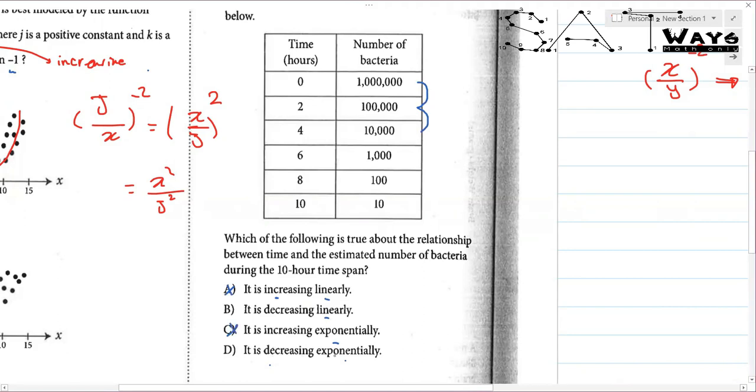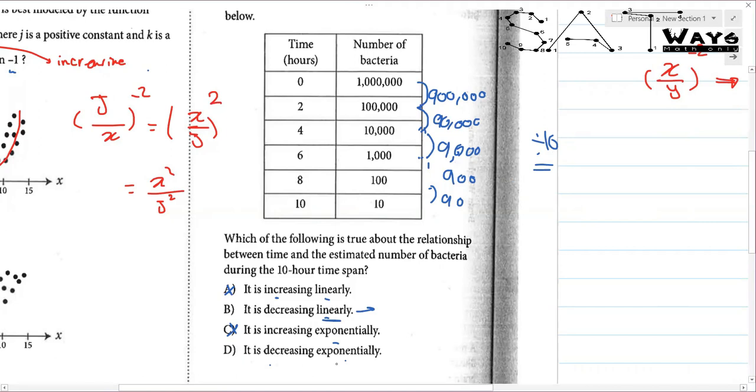Is it decreasing linearly or exponentially? Linearly means that it is decreasing by a constant amount, and it's not constant. A million becomes 100,000, which means it decreased by 900,000. But from here to here, it decreased by 90,000 only. And from here to here, it decreased by 9,000. From here to here by 900, and then by 90. This means that he's dividing by 10. And if the table is dividing by 10, this means it's exponential.